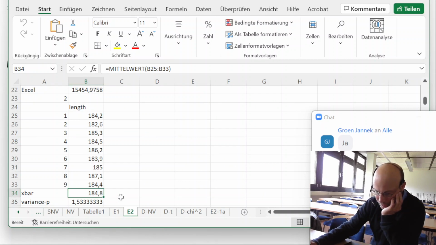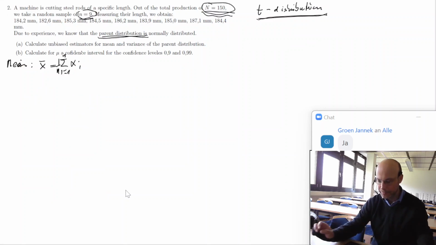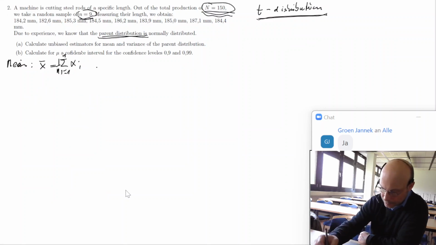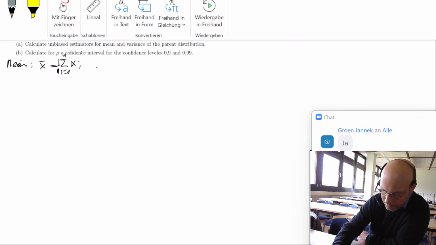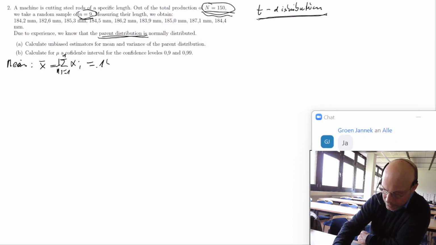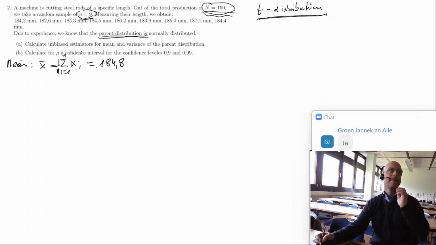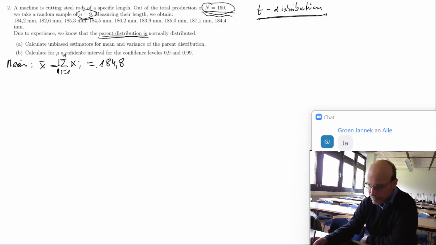Arithmetic mean 184.8. And how do we get an unbiased estimator for the variance?